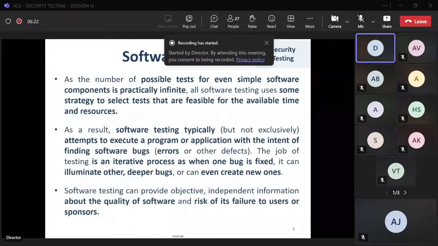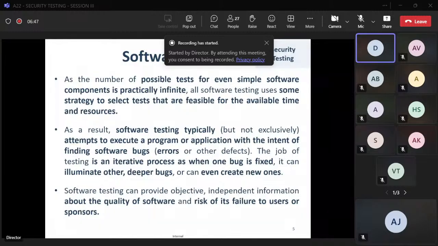The number of possible tests, even for simple software, is practically infinite. When you say infinite, you need to test all the parameters and all the components put together, so you may not have sufficient time. Sometimes you have very stringent deadlines, and the production schedule may be very near.